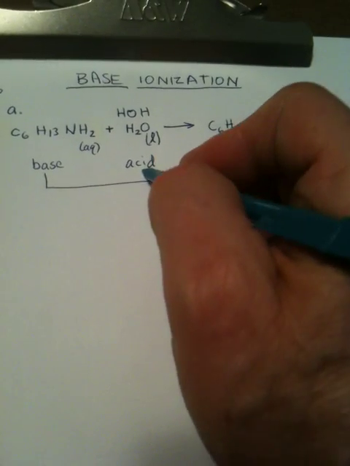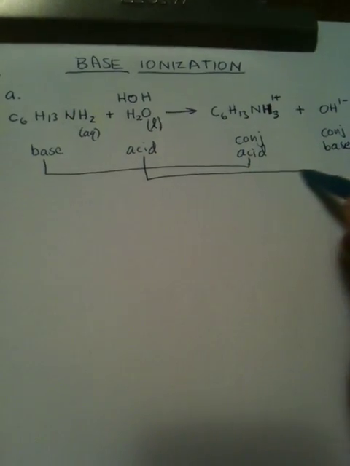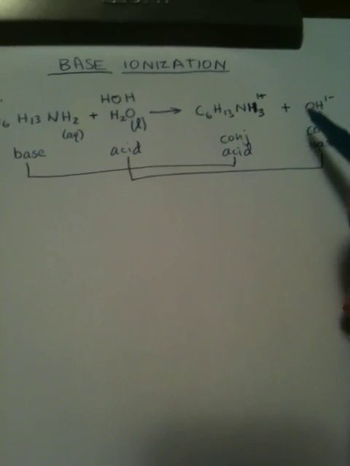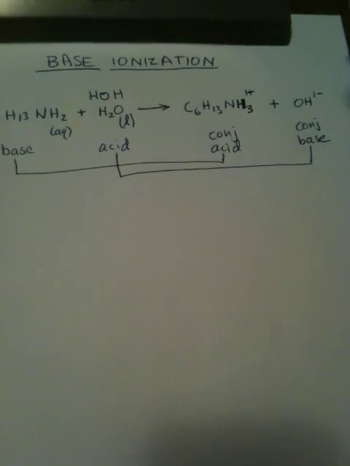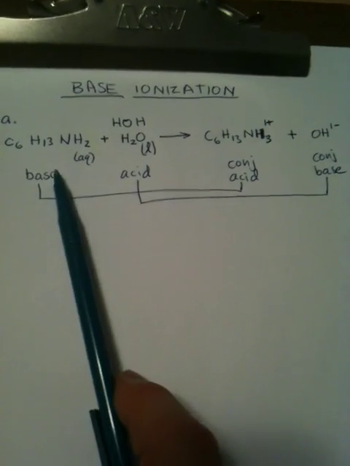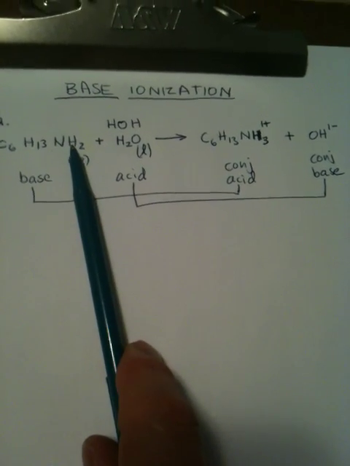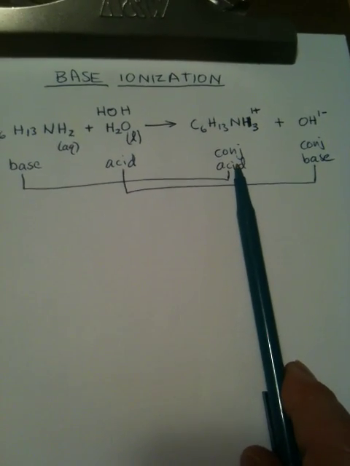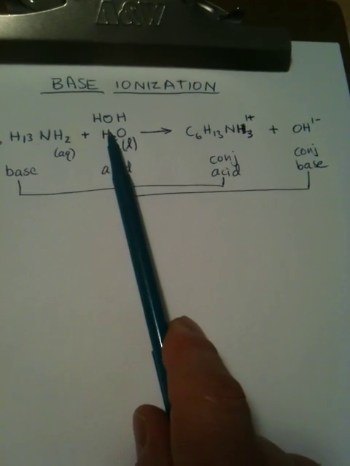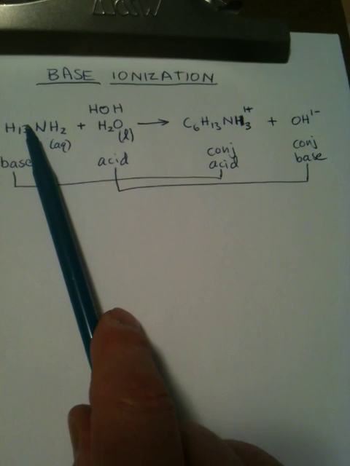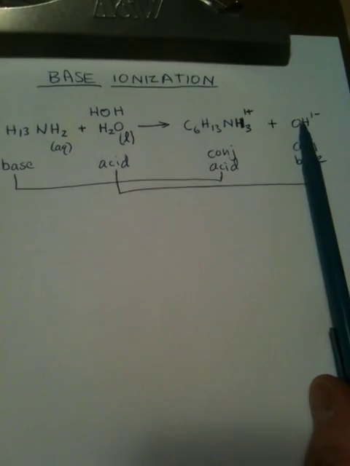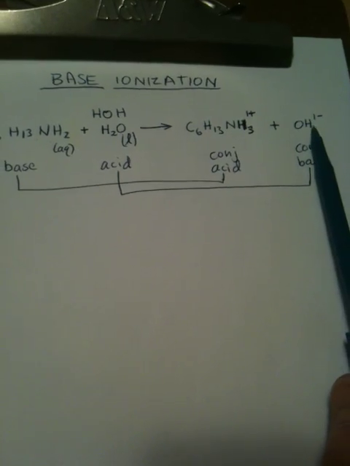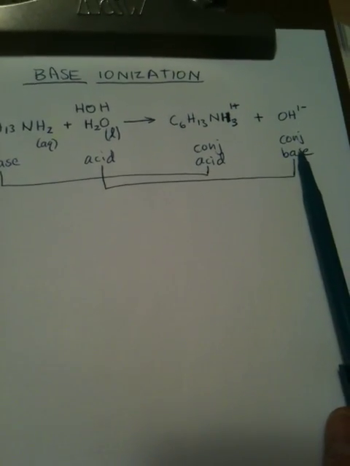The acid, when it loses the hydrogen ion or the proton, becomes the conjugate base. Let's say that one more time so you're not confused here. This guy is gaining a proton, he becomes positive, it makes him the conjugate acid. This guy lost the proton to this guy, and so on the other side, we're looking at what's left, and that's the hydroxide ion, and that is our conjugate base.